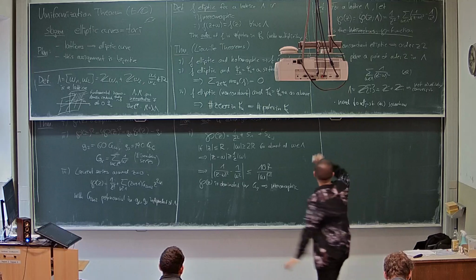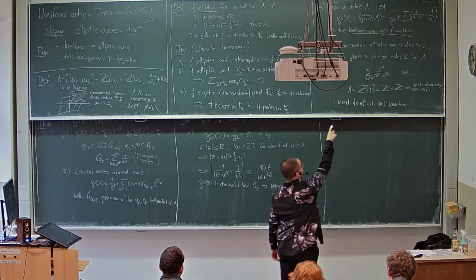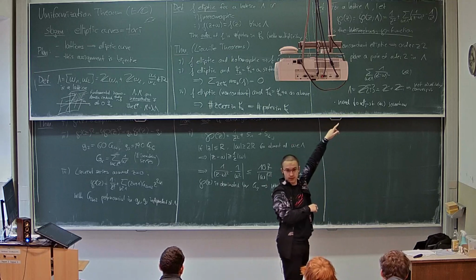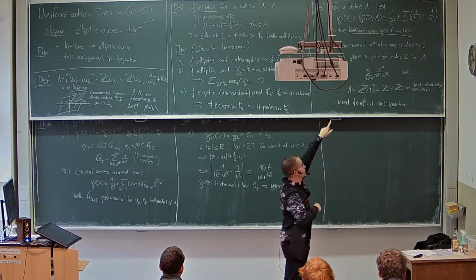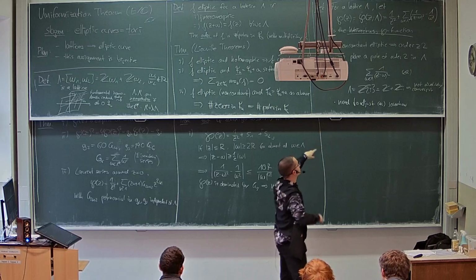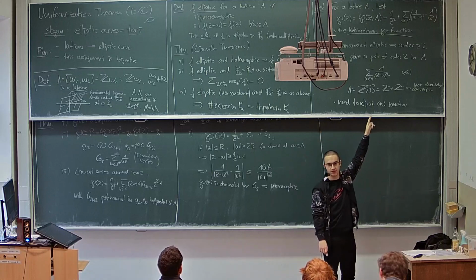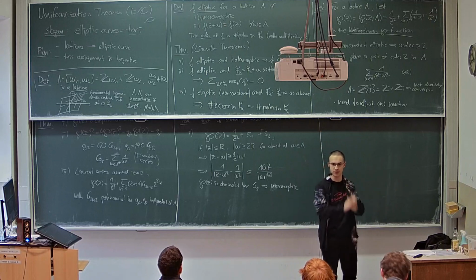The problem with this is you would have to split up these summands, 1 over z minus omega squared minus omega squared, 1 over omega squared. And as I mentioned here, these are precisely there to guarantee that the series converges. So you can't just split them up and rearrange them.